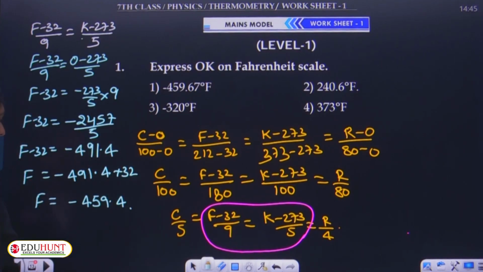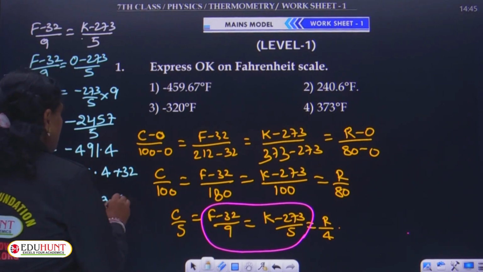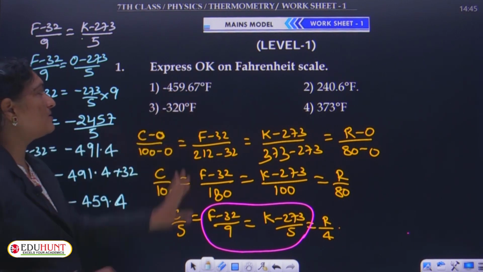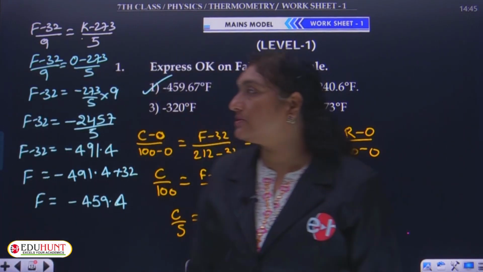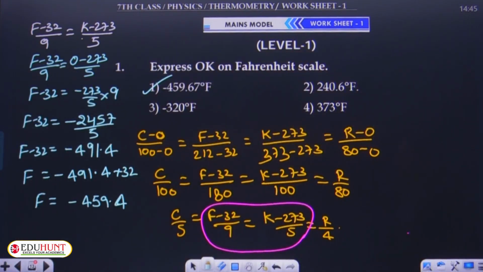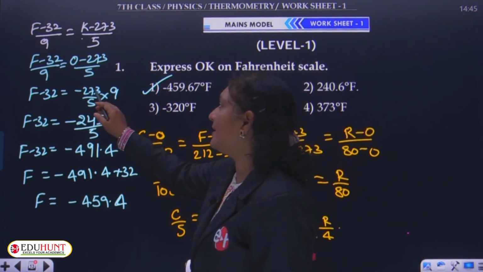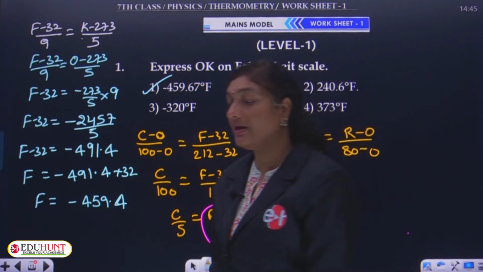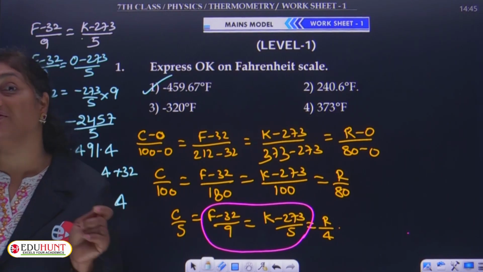Okay. So, the nearby value for this is the degree Fahrenheit, found to be minus 459.4, which is approximately equal to the first equation, minus 459.67 degree F. Actually, children, the approximate value of the Kelvin scale we are giving is 273 Kelvin, but the generalized value is 273.15 Kelvin.